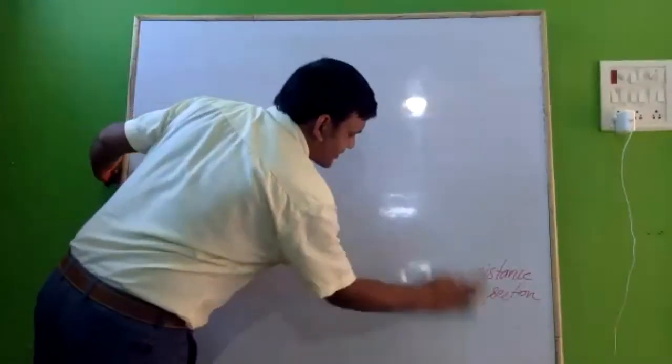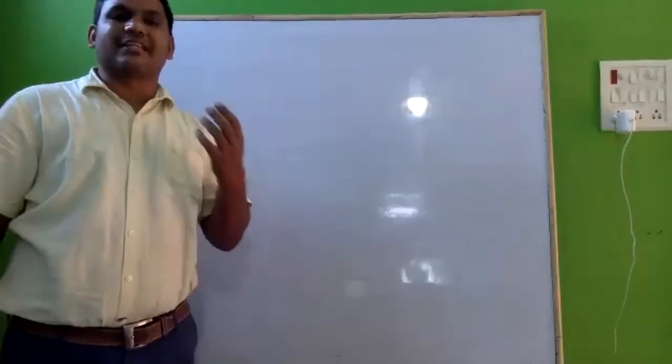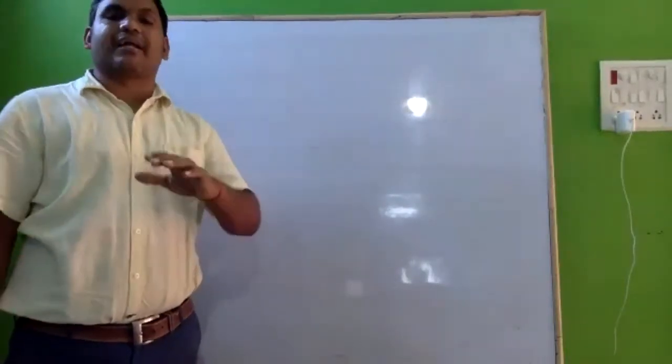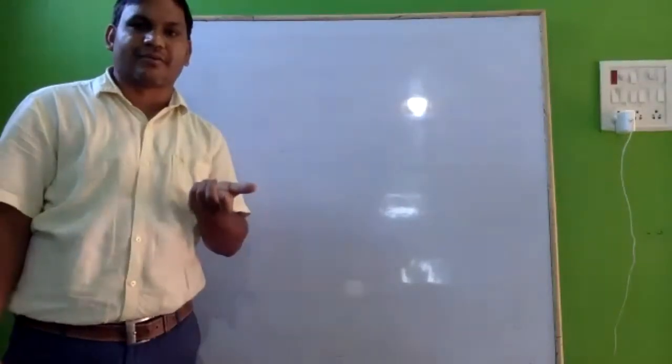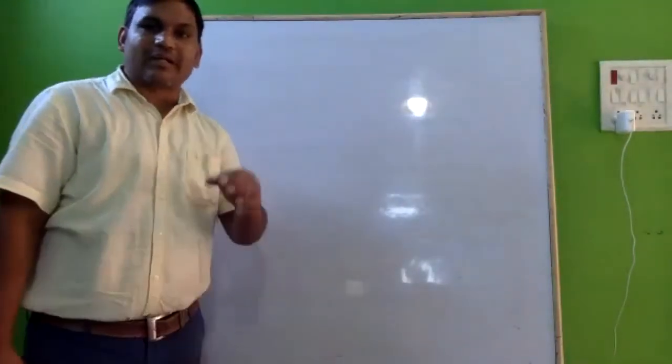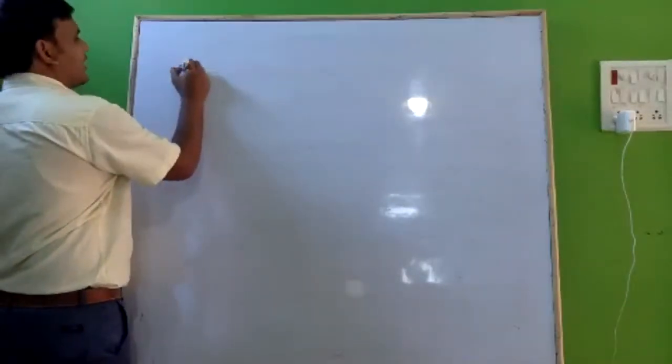We are going to discuss resistivity. We'll further discuss resistivity and we'll see the different questions which already came in your board examination. We'll discuss those questions. Okay? So let me tell you about resistivity.